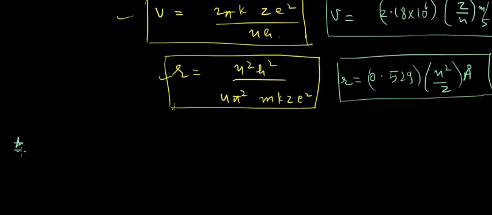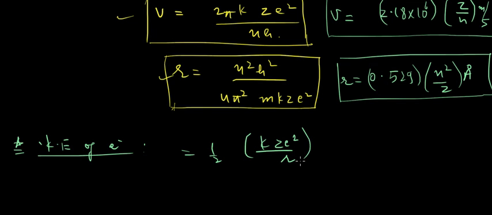Now we can easily derive the kinetic energy of the electron. That would be half kZe square upon r.